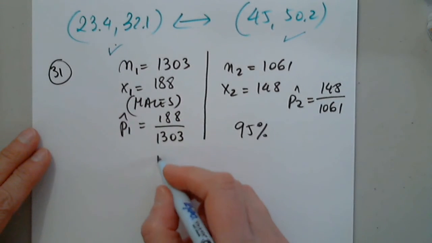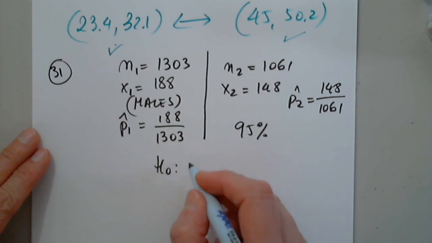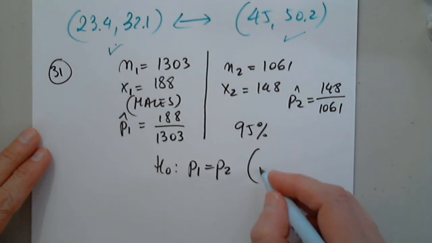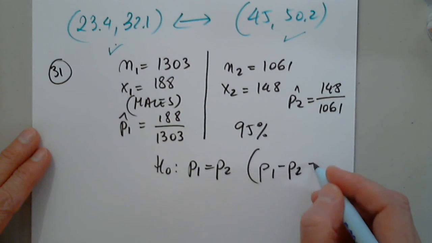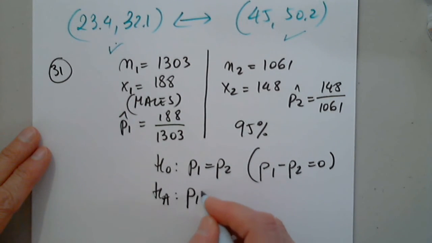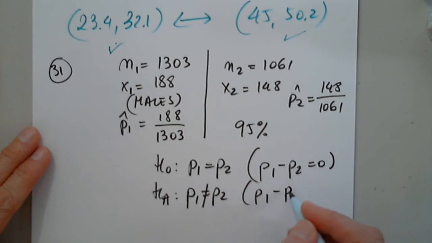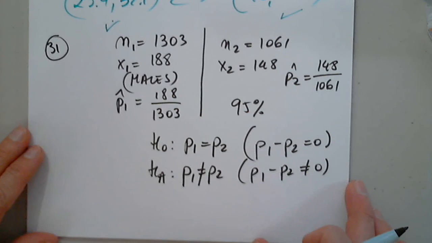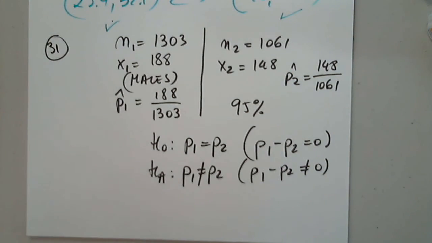If we were to conduct a test statistic, I would have used H0: p1 equals p2. As you know, the same thing, p1 minus p2 equals 0. And the alternative, differ, or p1 minus p2 not equal to 0. This is the same with this, and this is the same with that. So let's determine the 95%.